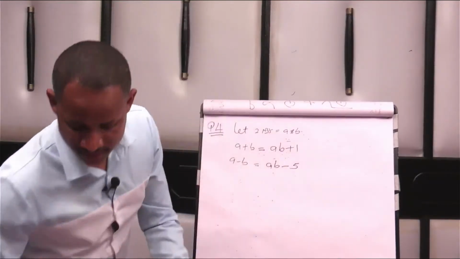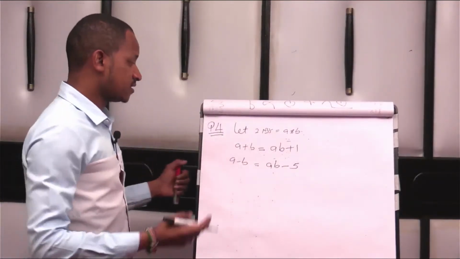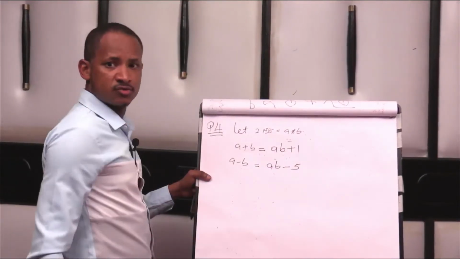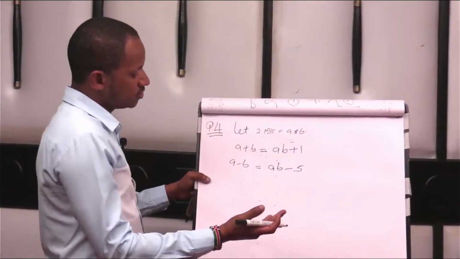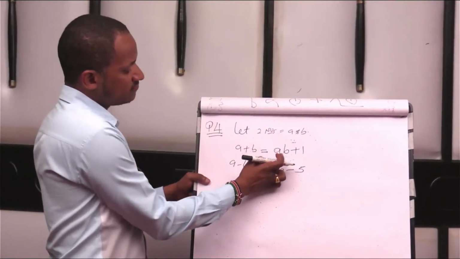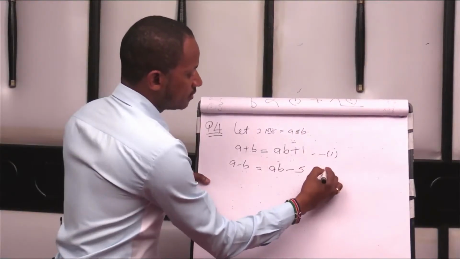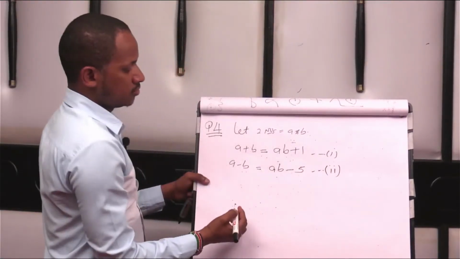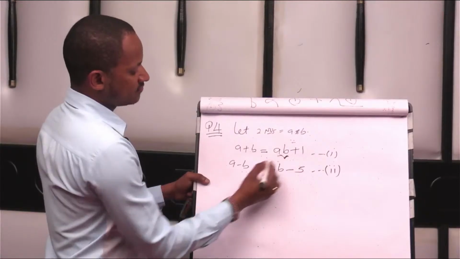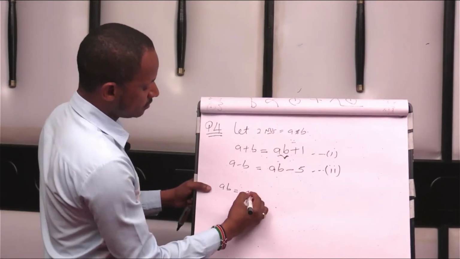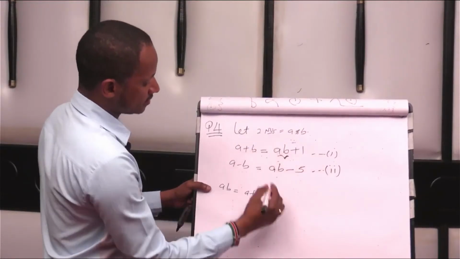Very fast, let's not waste time on this. These ones are simultaneous equations. By substitution, we can substitute the value of AB. This is equation 1, equation 2. Let's make AB the subject of the formula. So AB will be equal to A plus B minus 1.